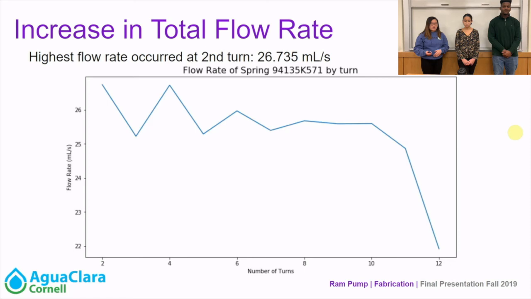However, in another experiment that we conducted, we obtained the highest flow rate, around 26.75 milliliters per second, at the second turn, which is toward the beginning of our adjustment, and then the flow rate gradually decreased and then dropped significantly after the 11th turn. Therefore, this is the highest flow rate that we have obtained this semester, 26.7 milliliters per second.